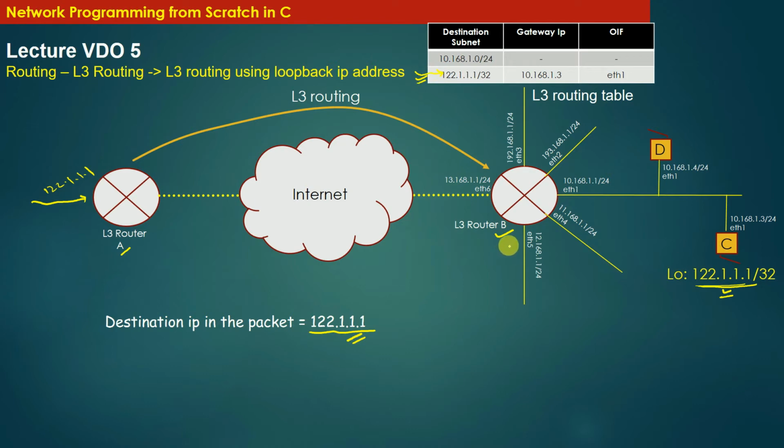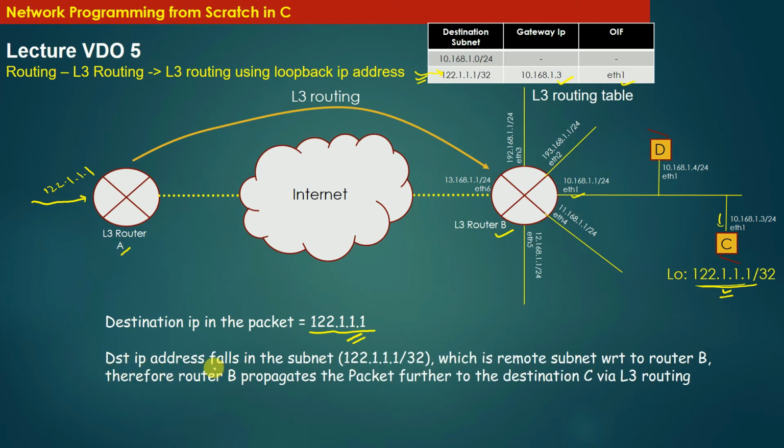So the L3 router decides to forward the packet towards the next host IP address 10.168.1.3, and the outgoing interface is Ethernet 1. The destination IP address in the packet falls in the subnet 122.1.1.1/32, which is a remote subnet with respect to router B, and therefore router B propagates the packet further to the destination node C via L3 routing.